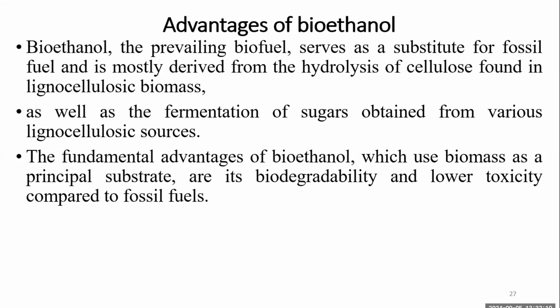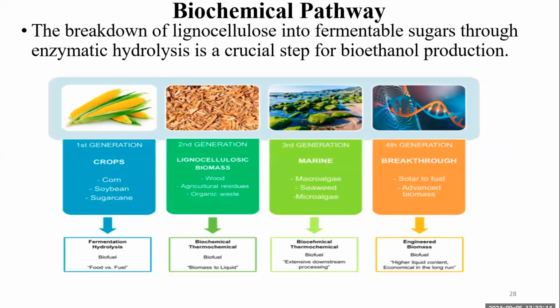I'm going to be a bit brief on that, because we're actually not in a biochemistry class. But looking at the biochemical implication of this renewable energy source, this diagram is a summary of the different stages.